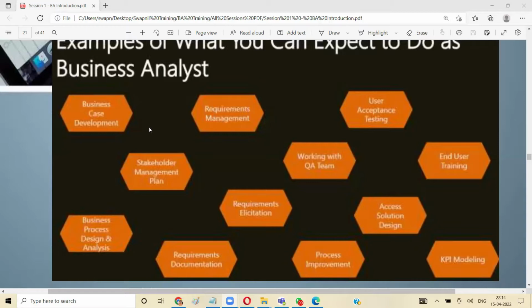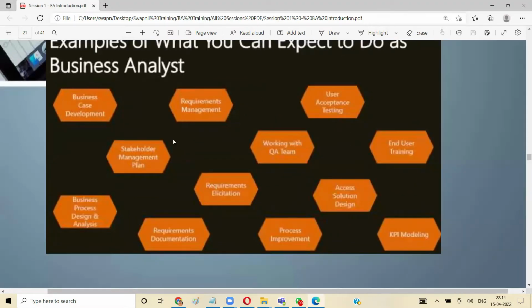So we have business process design and analysis. The difference between this and the previous one, assess solution design, is that in assess solution design you are only checking and making sure that what has been come up with meets your requirement. As you work in this field for more time, you will be able to understand the technical aspect, and then you will be able to verify if the technical person has understood your requirements.